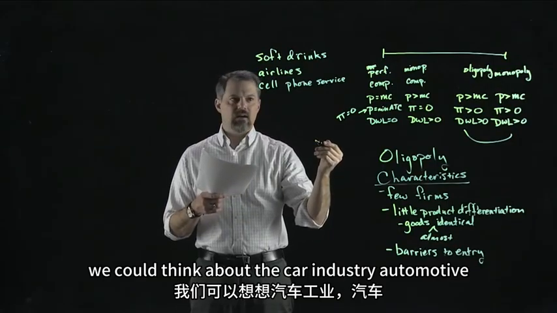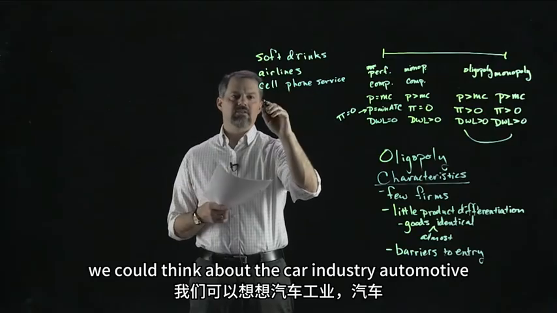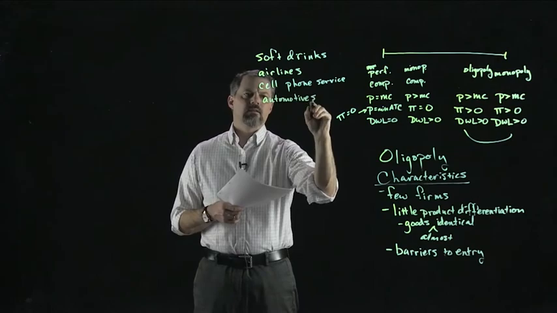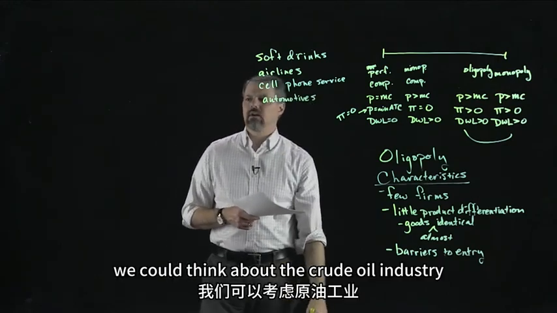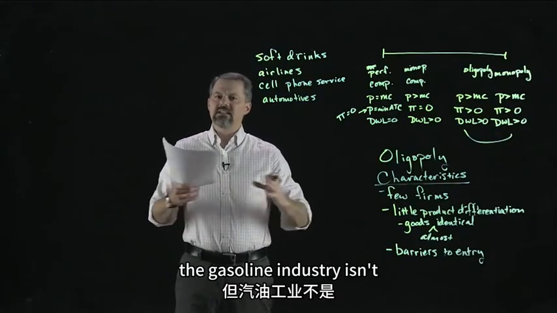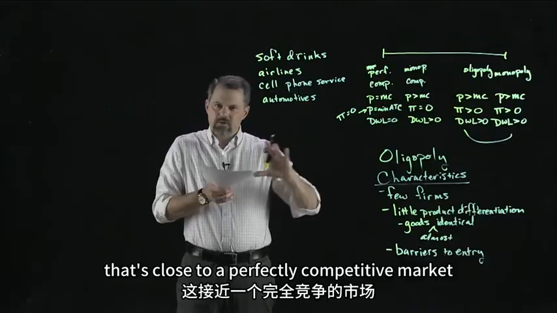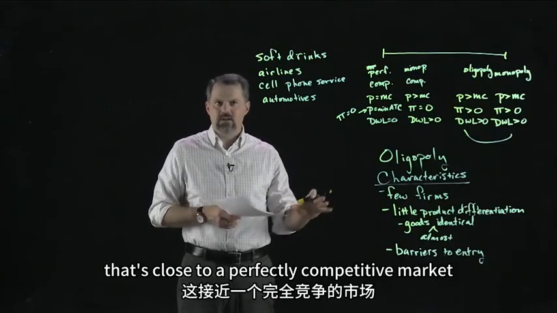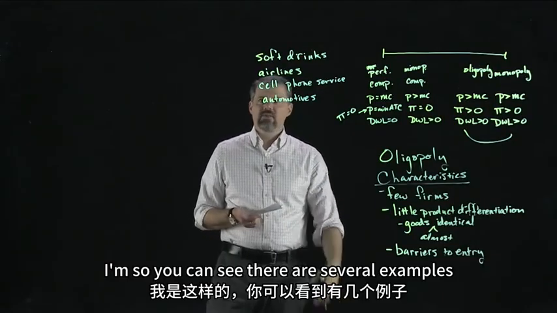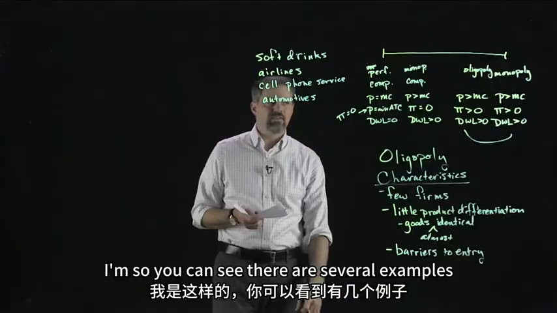We could think about the car industry, automotives. We could think about the crude oil industry. That's an oligopoly. The gasoline industry isn't. That's close to a perfectly competitive market, but the crude oil industry is an oligopoly. So you can see there are several examples.